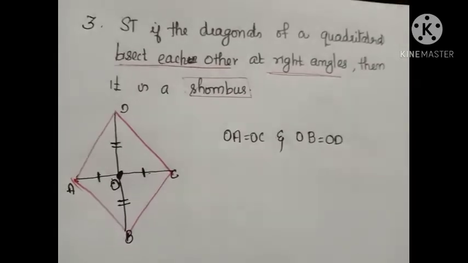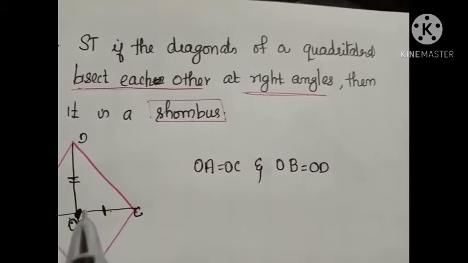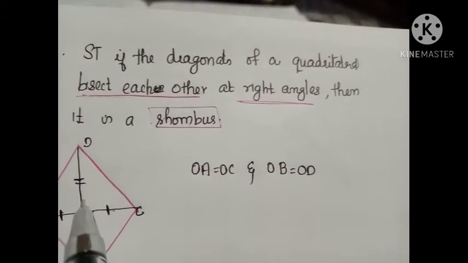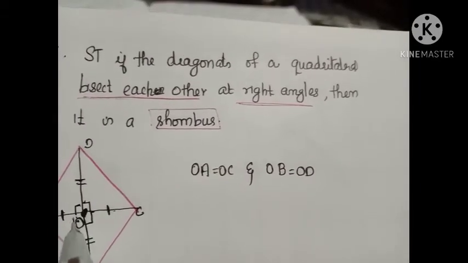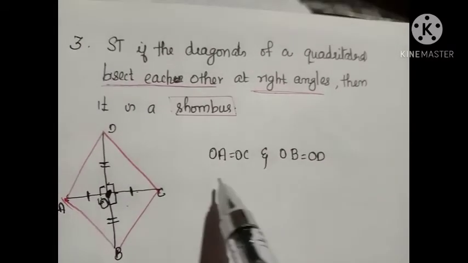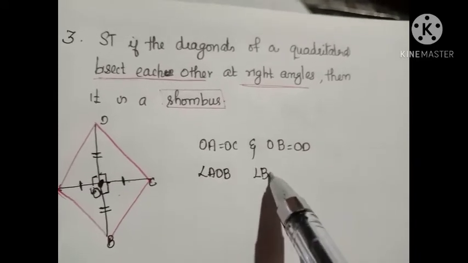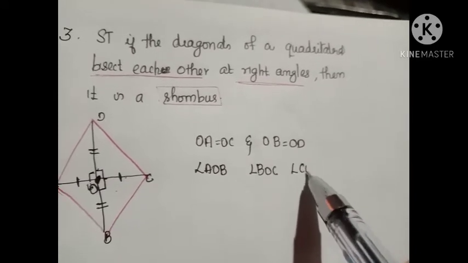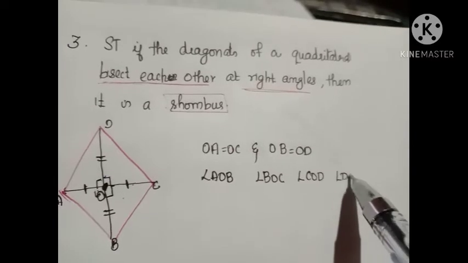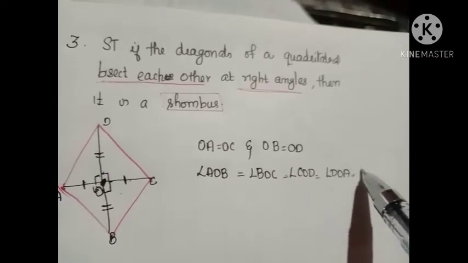OB equal to OD. Now, at right angles means these four angles equal to 90 degree, right angle. That is angle AOB, angle BOC, angle COD and angle DOA. All these angles are equal to 90 degree.